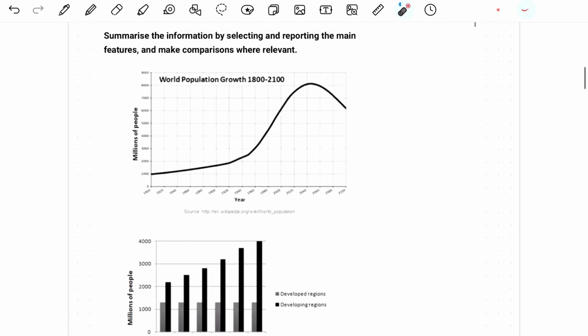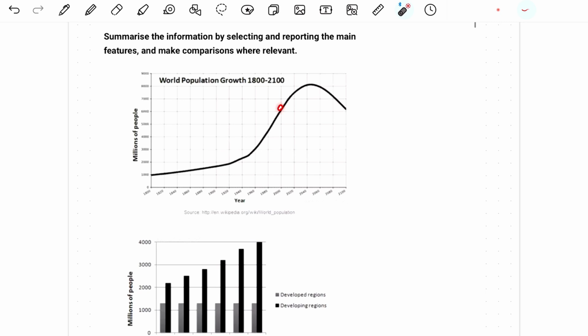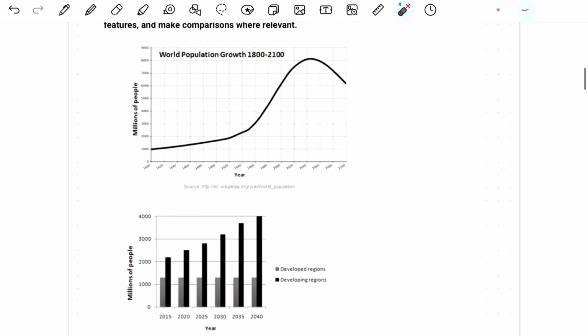So here I've written that even after 2020, the projections indicate that by year 2040, the population growth will reach its peak. So this is the highest point, and after this, it is projected that the population will go down and will reach around 6 billion in 2100. Right, so this was the line chart.